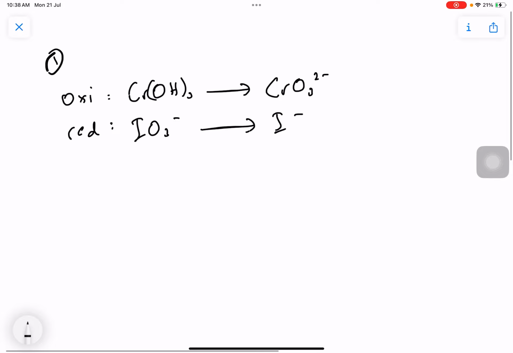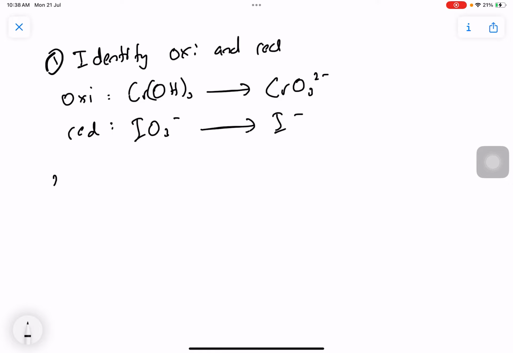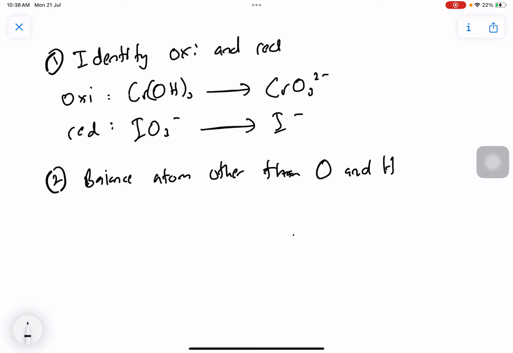First, identify oxidation and reduction. Second is balance atoms other than O and H. So in oxidation, we have Cr already there, on both the reactant and product side it is 1, so no need to change.